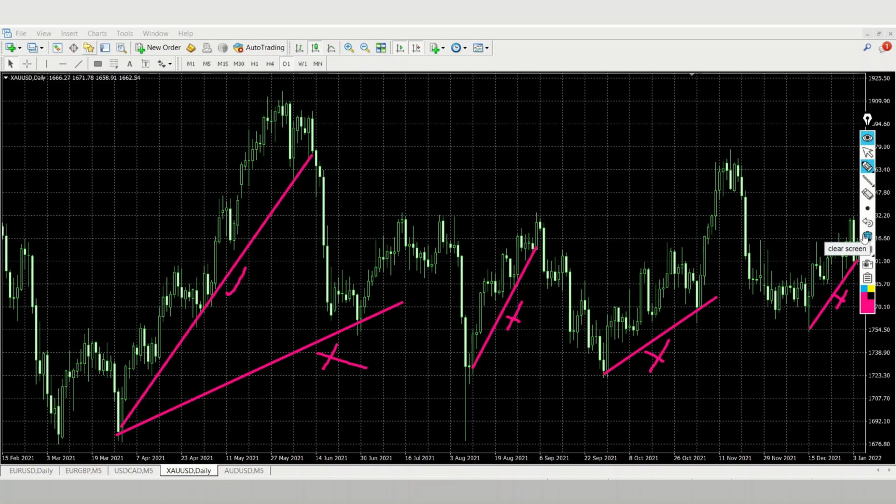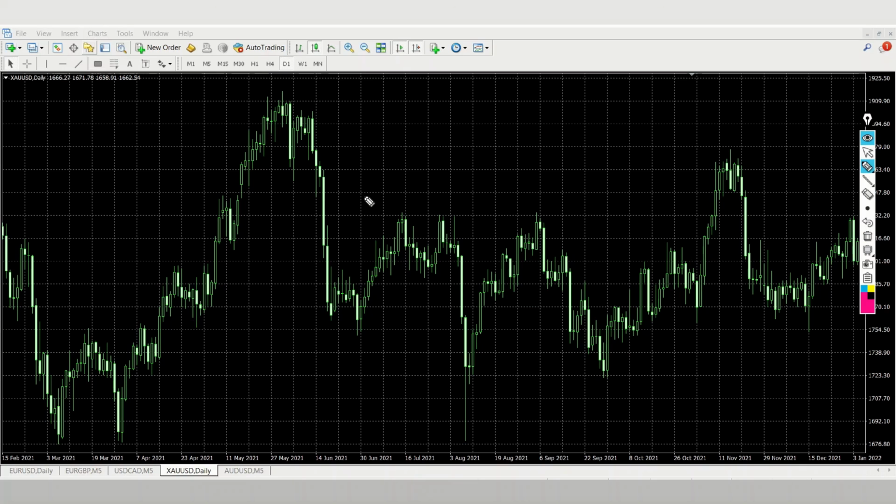The trend is also not clear. We said if you want to draw a trend line, a trend is supposed to be clear. If it is an uptrend, like this, like this, like this, like that, then we can use it to draw a clear and good trend line. Beautiful.